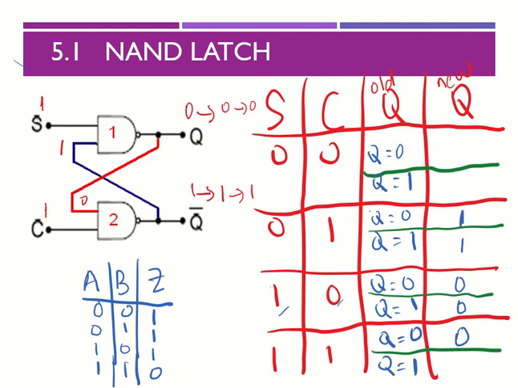So let's repeat this situation for q equals 1. So your 1 is over here. So this s is 1, c is 1. Because q is 1, q bar is 0. So you have 1 over here, so this will become 1.